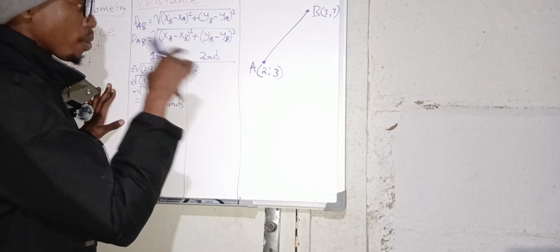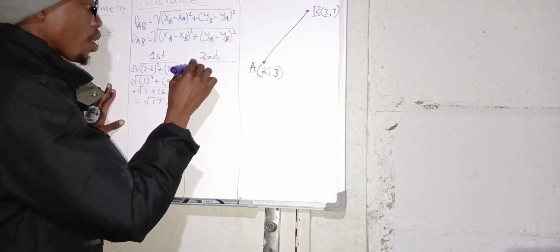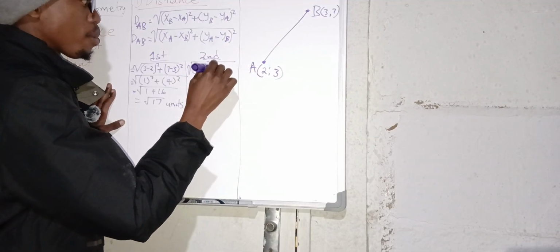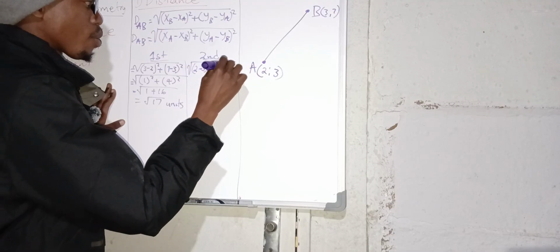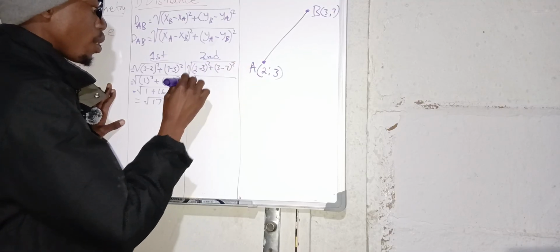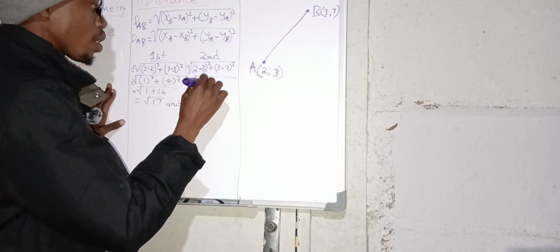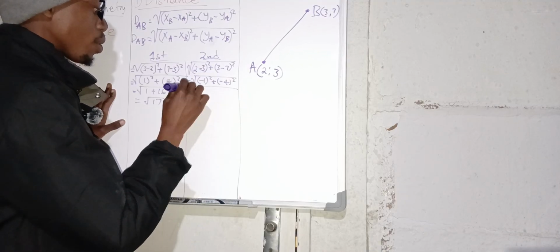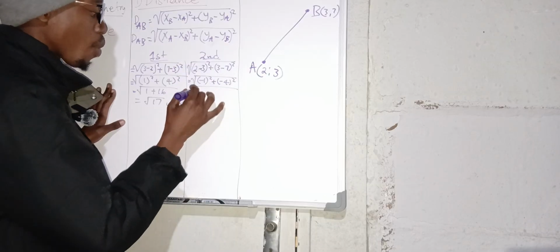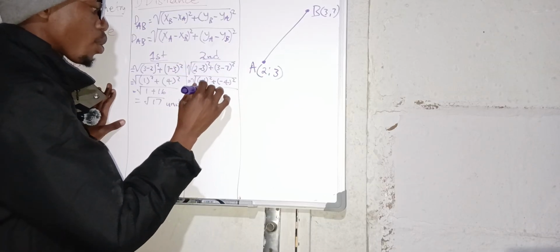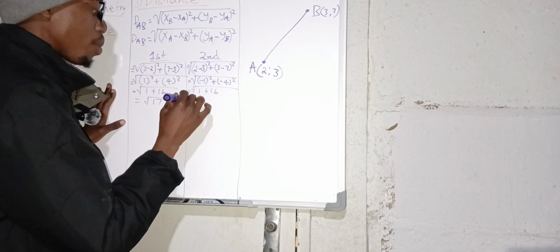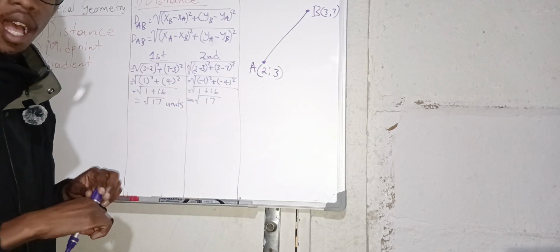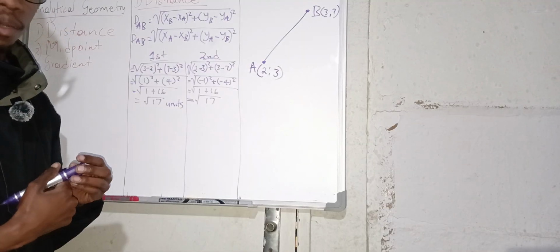And then 2 minus 3 squared plus 3 minus 7 squared, which is going to be equal to negative 1 squared plus negative 4 all squared, which is going to give us the square root of, negative 1 squared is going to be 1 plus negative 4 squared is going to be 16, which is basically going to be the square root of 17. As you can see, both of these answers are correct using these different methods.